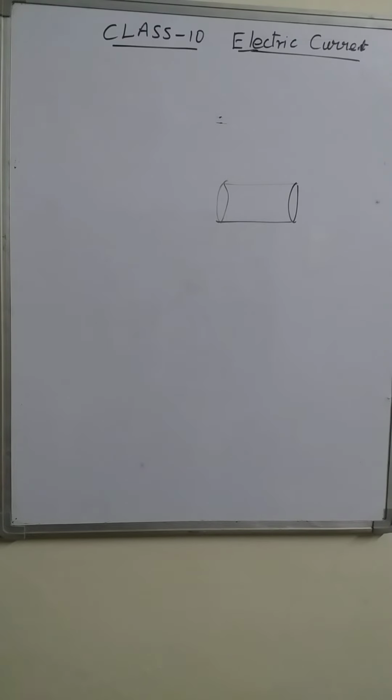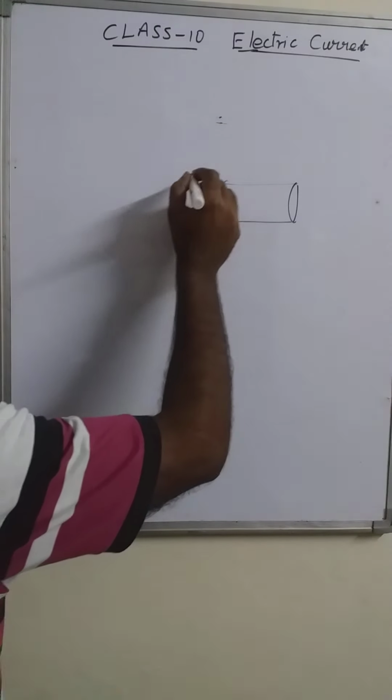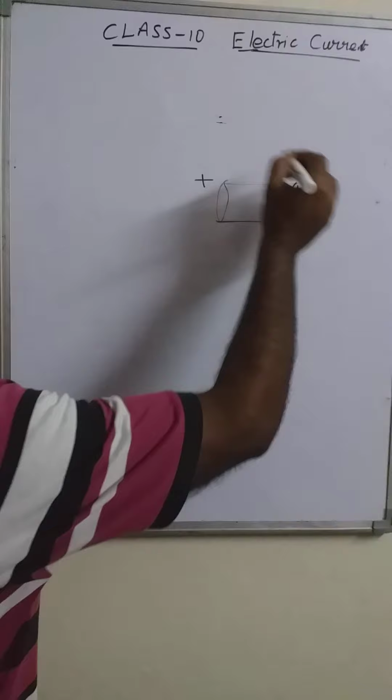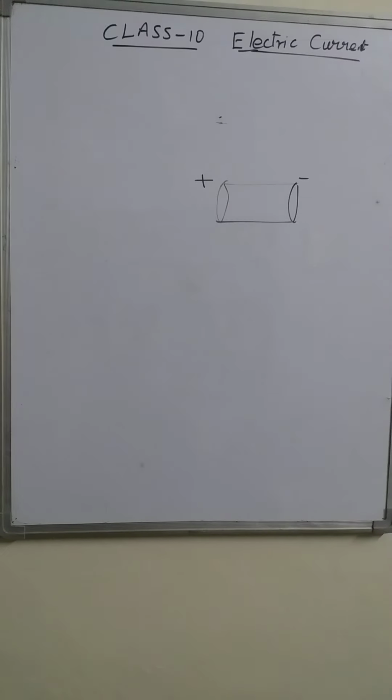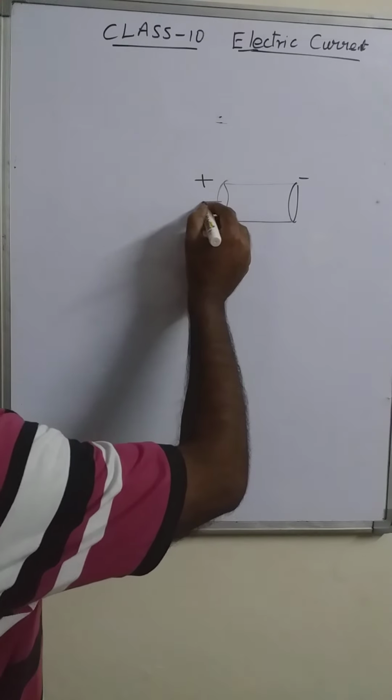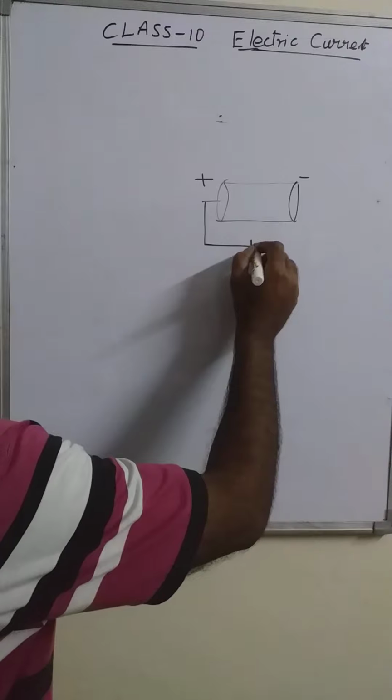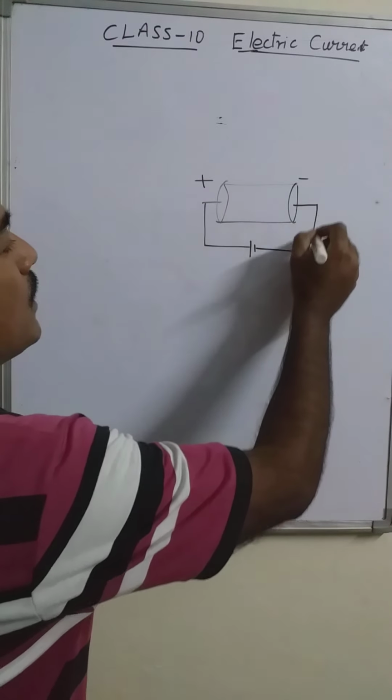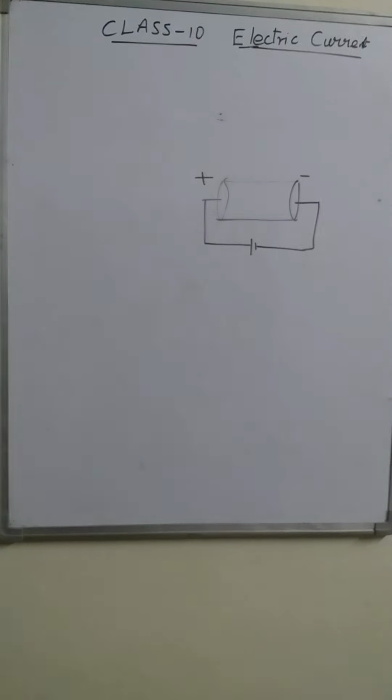For the flow of charges, the potential difference must be established. To set up the potential difference across the terminals, a source of electric current is required, that is a cell or battery. Here a cell is connected. Now it makes a simple circuit, we can say.